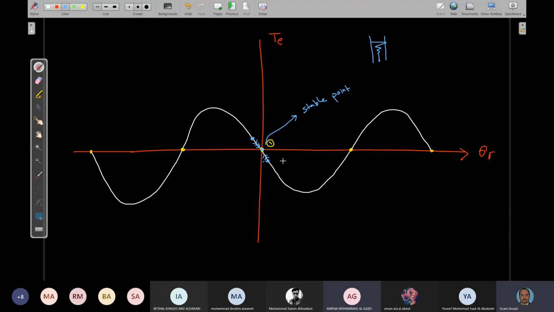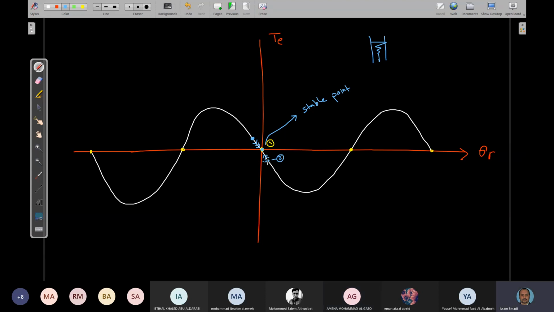Now there is something called the operating point. The operating point here is simply this point. It means that the machine can stay there, but simply the machine will never stay here. Why? Because if I am at point number 2, a torque will generate.